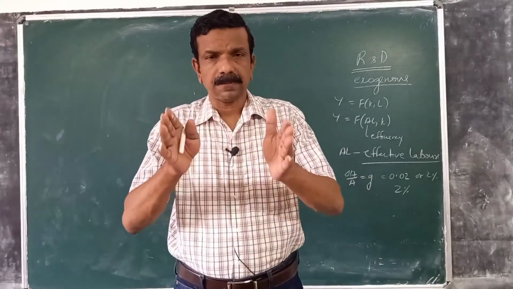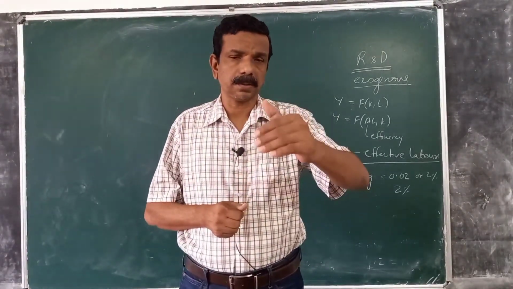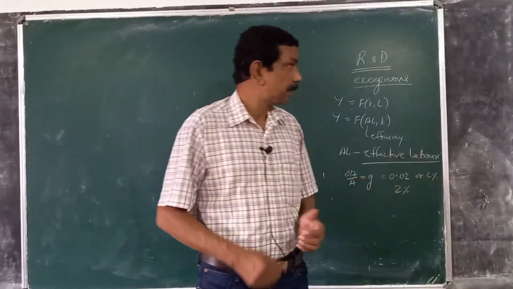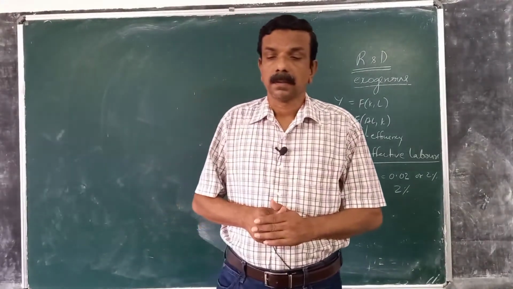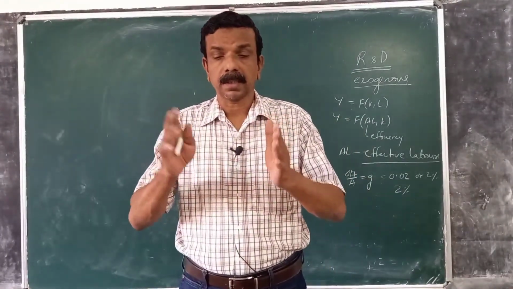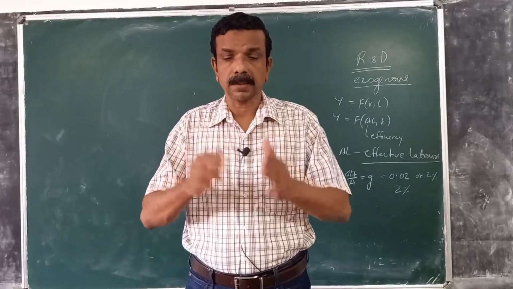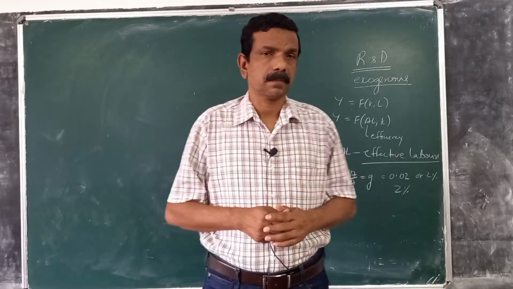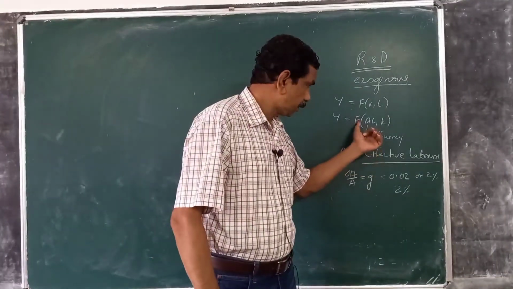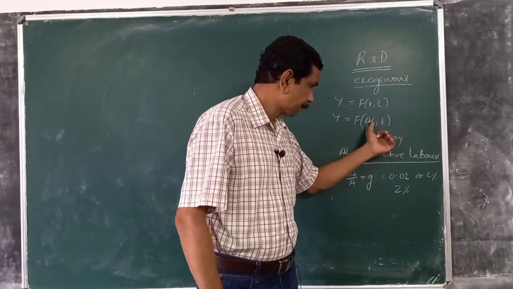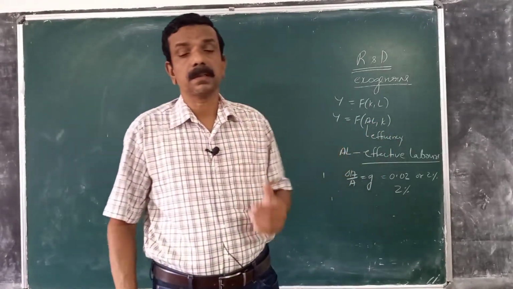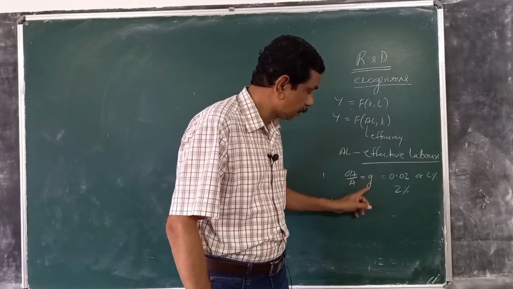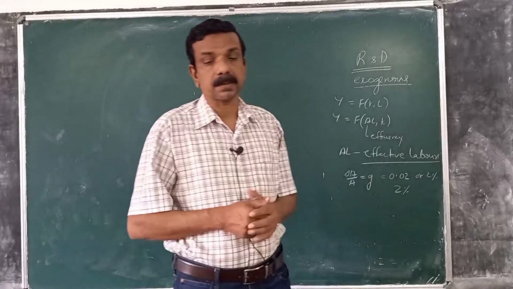And this form of technical progress, as I told you, is known as labor augmenting technical progress, and g is called the rate of labor augmenting technical progress, 2%, 1% and the like.